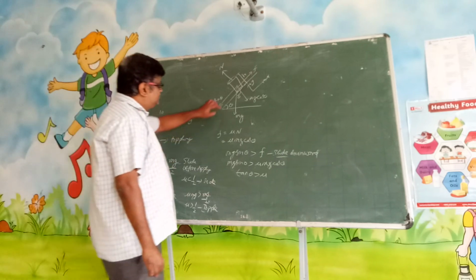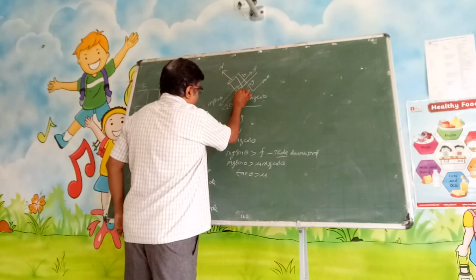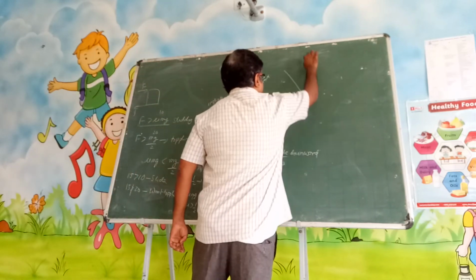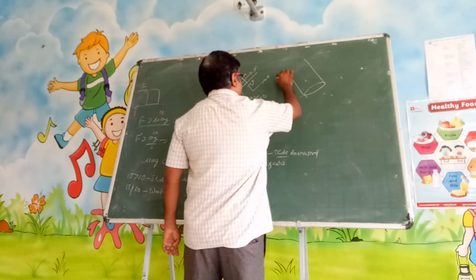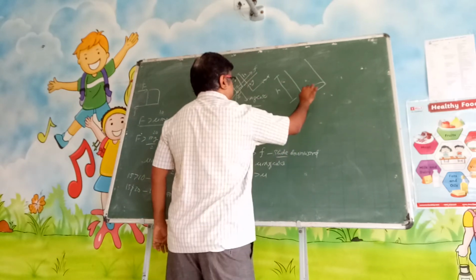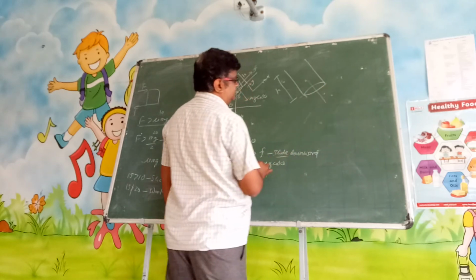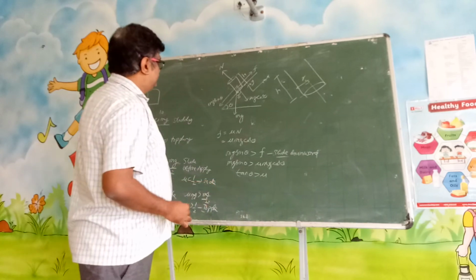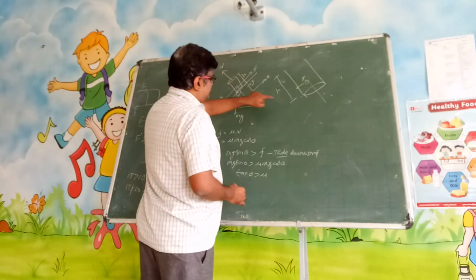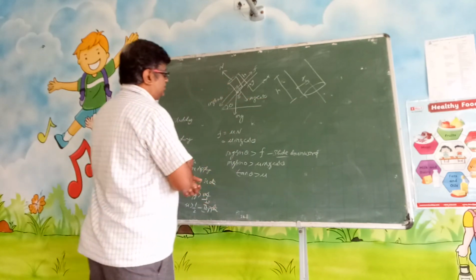Now let us say it is trying to topple above this point. I just draw the exaggerated diagram. It is trying to topple above this point. Now this height is h, and if I consider this as a center line, this is my r. So we need to find out the torque.